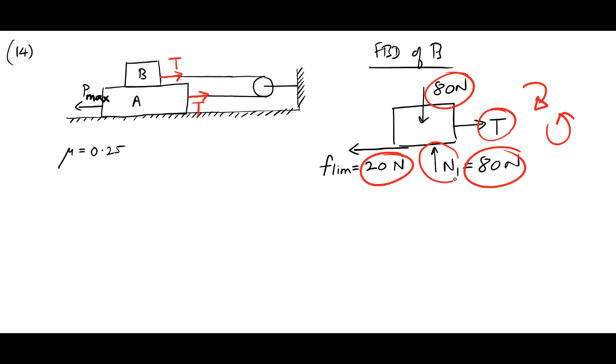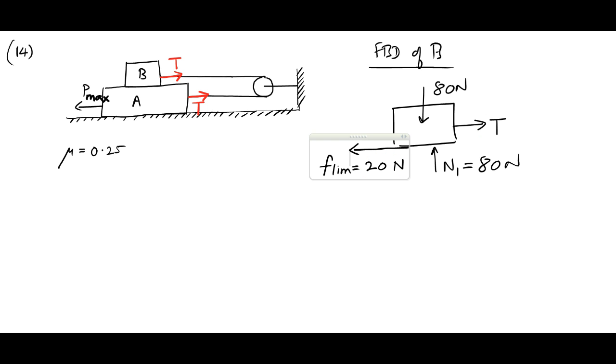So I've shown N1 not in the same line of action as 80 newtons, the weight, but slightly towards the right. That's just a small point, which will be important if we are evaluating the moments of these forces, because the line of action becomes important then. Otherwise it's not too important.